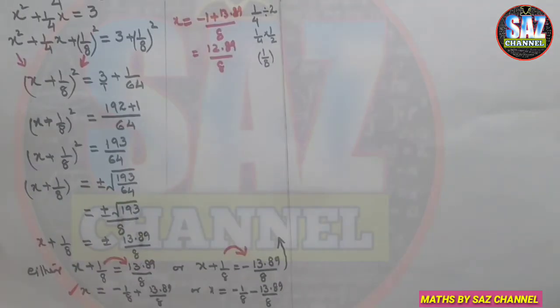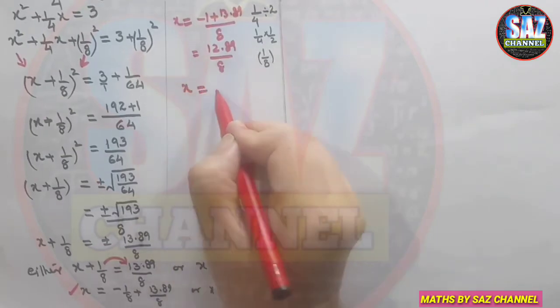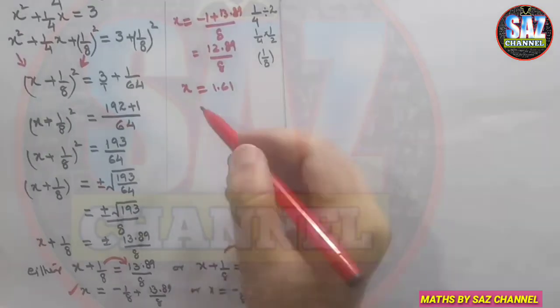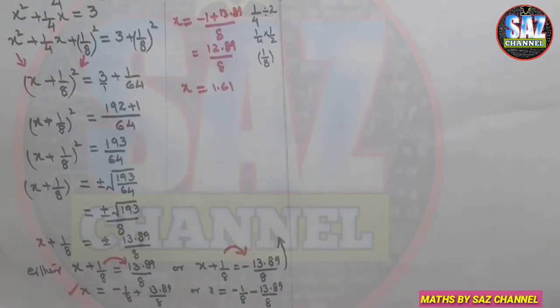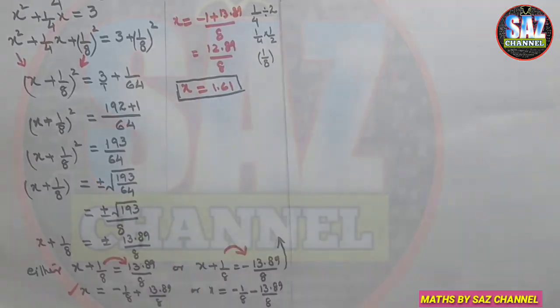Divide this by 8 and I will get one of the roots, x equals 1.61. Coming to the second part, that is x equals minus 1 by 8 minus 13.89.